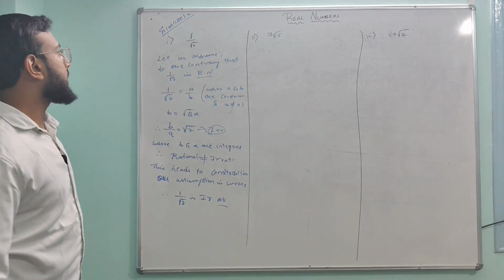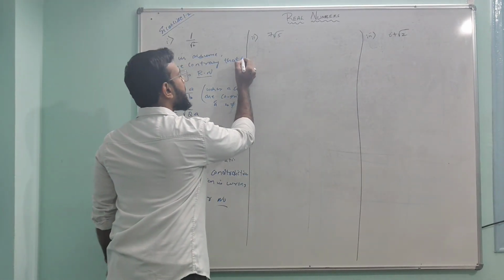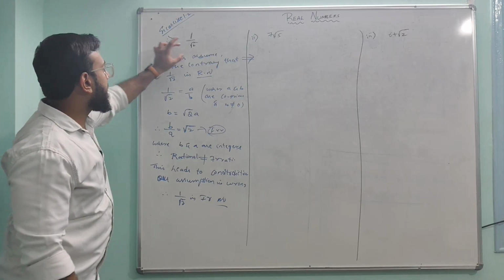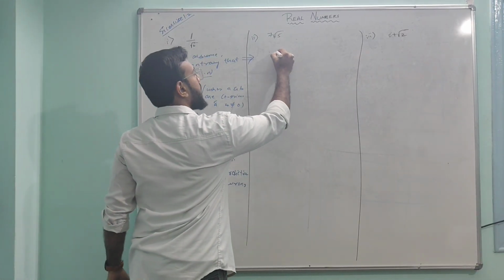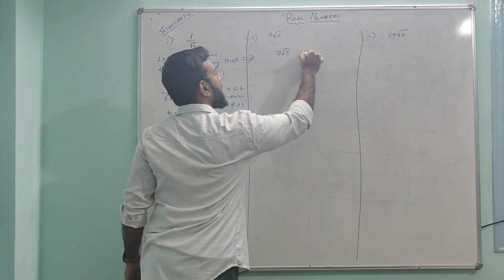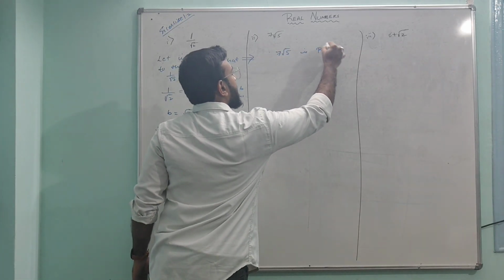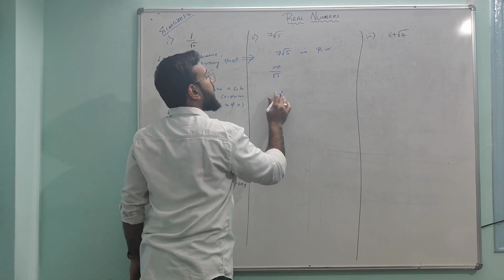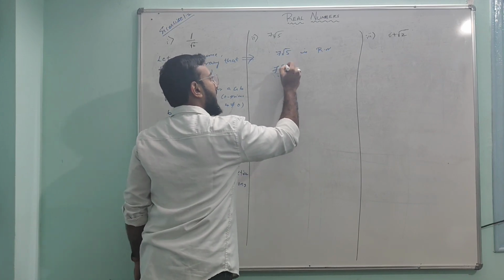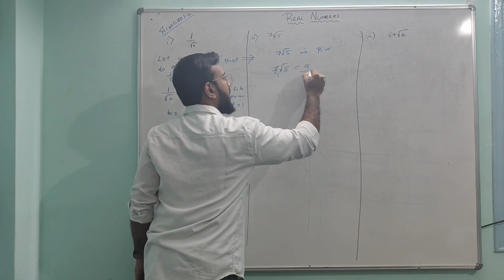Hope this is clear. We'll go to the same story, you need to write. Let us assume to the contrary that 7 root 5 is a rational number. 7 root 5 is equal to a by b.